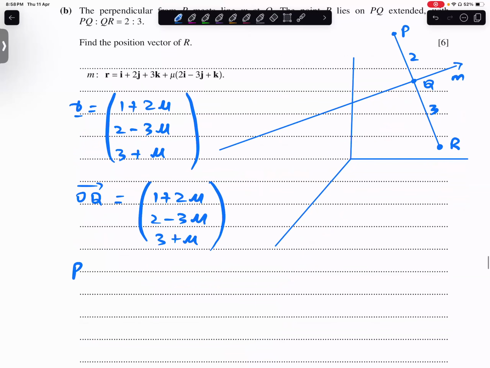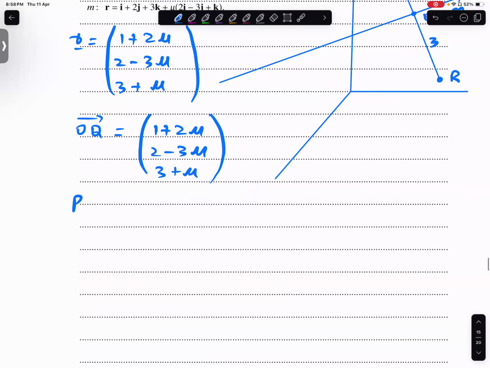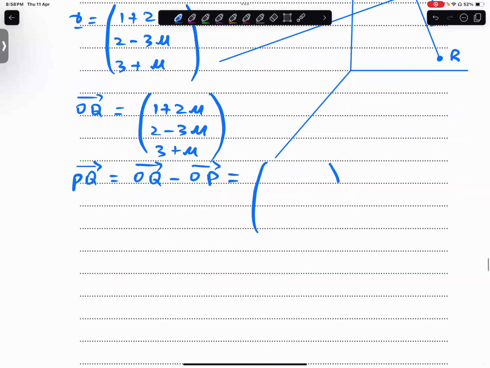So let's find PQ. Now PQ is OQ minus OP. OQ is 1 plus 2 mu, 2 minus 3 mu, 3 plus mu, minus OP.